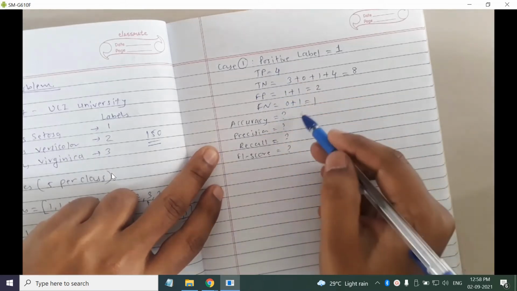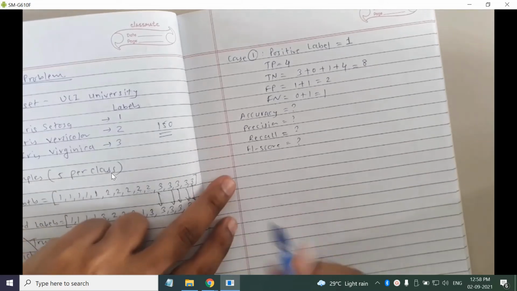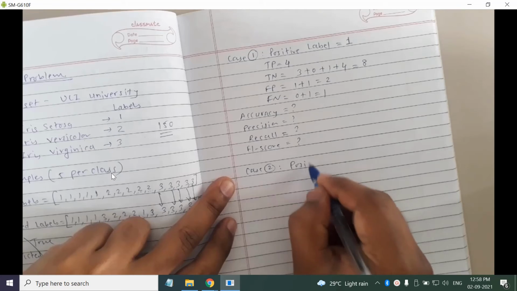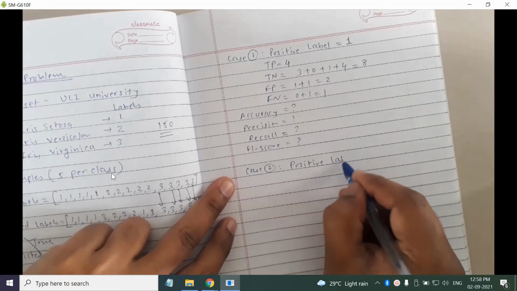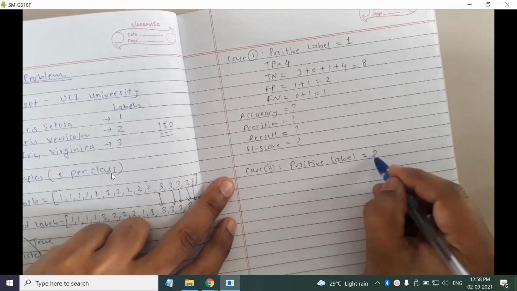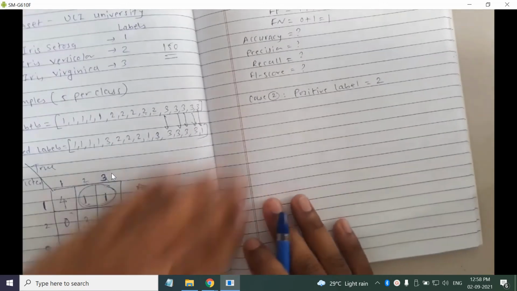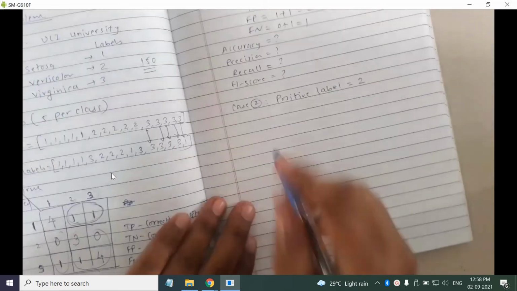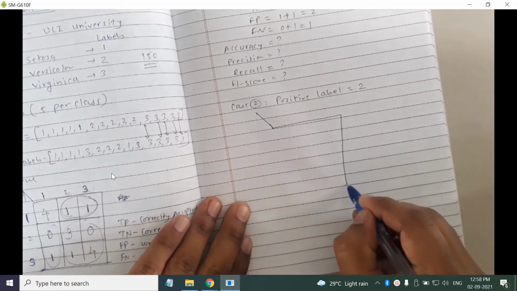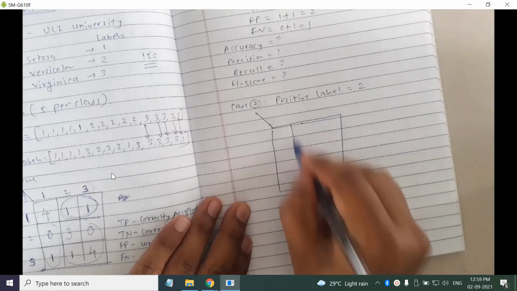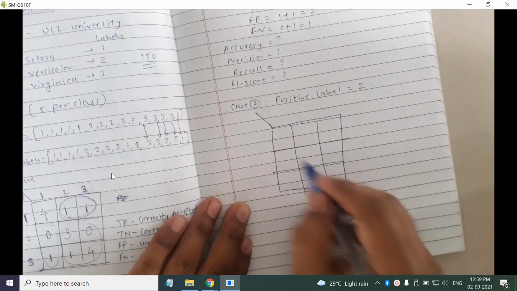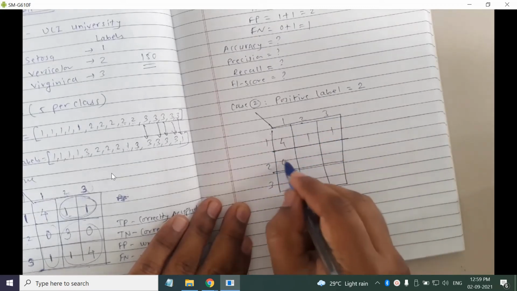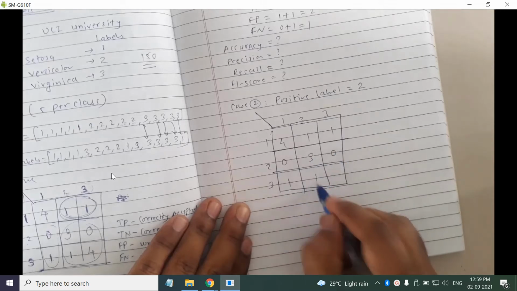Now see how the case changes when you have positive label as 2. I will redraw this confusion matrix here. 4, 1, 1, 0, 3, 0, 1, 1, 4.